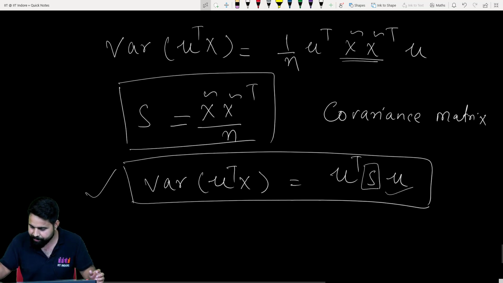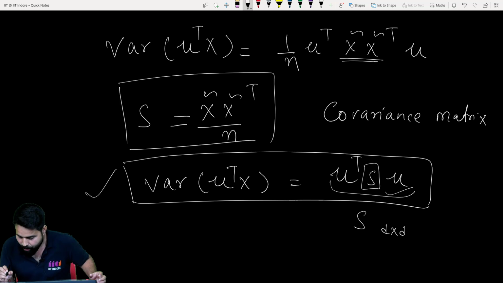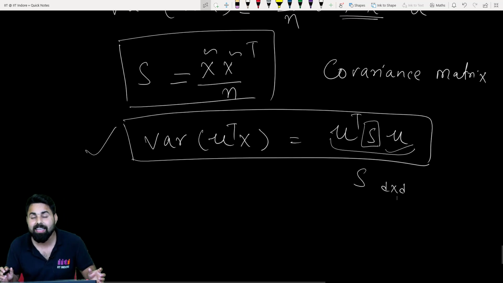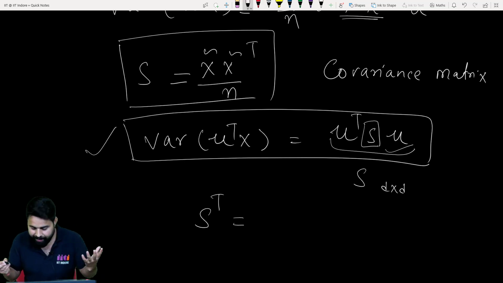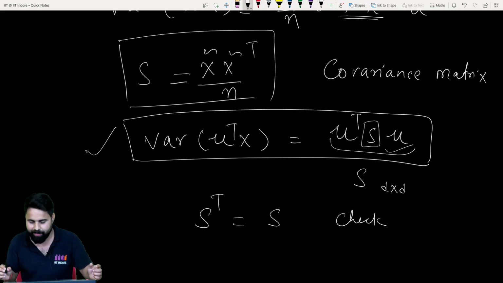Remember, this variance is a number, but S is a matrix, which is a d cross d matrix, because there are d features of every point. One more thing: the covariance matrix S is symmetric. Why is it symmetric? If you take the transpose of this matrix, it is in fact itself. You just check, very simple. Transpose this side and you will get the same matrix.